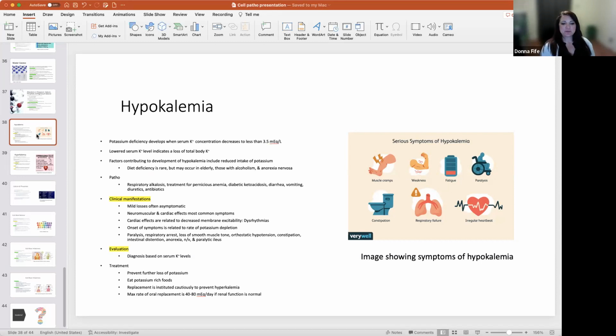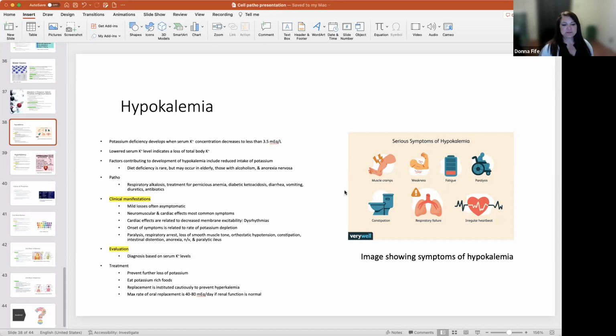Onset of symptoms is related to the rate of potassium depletion.